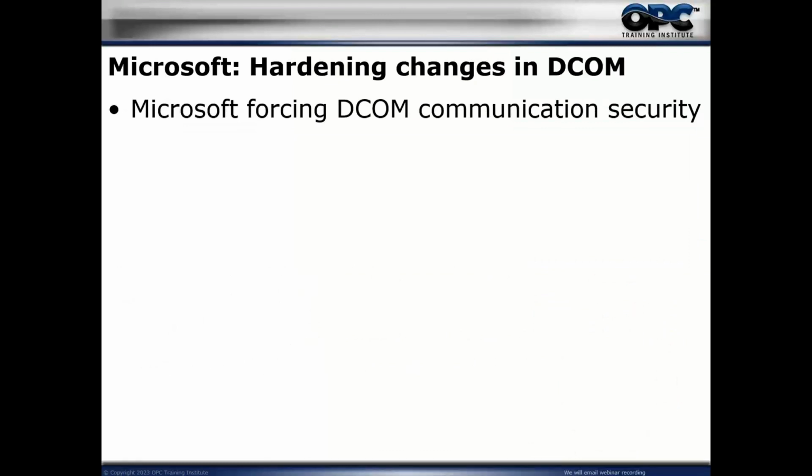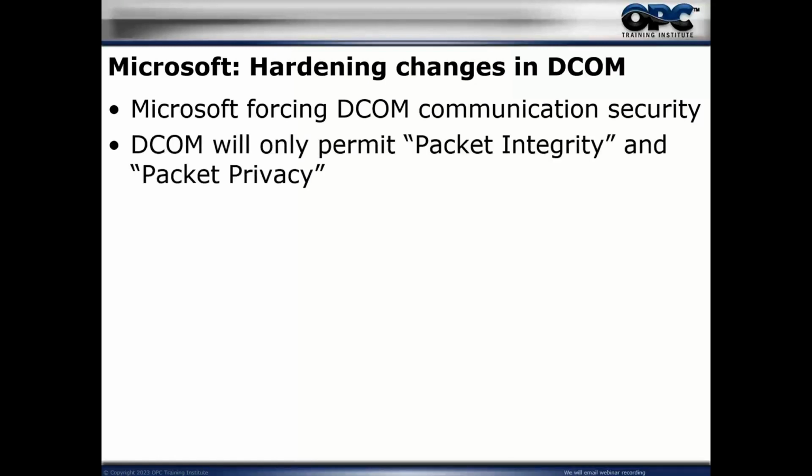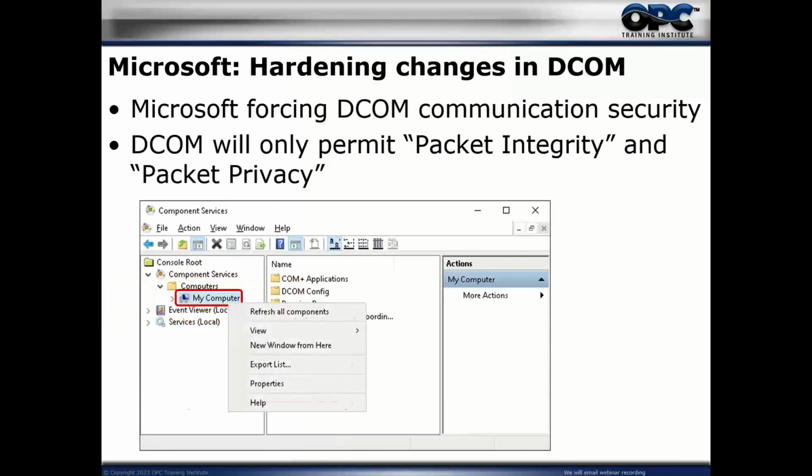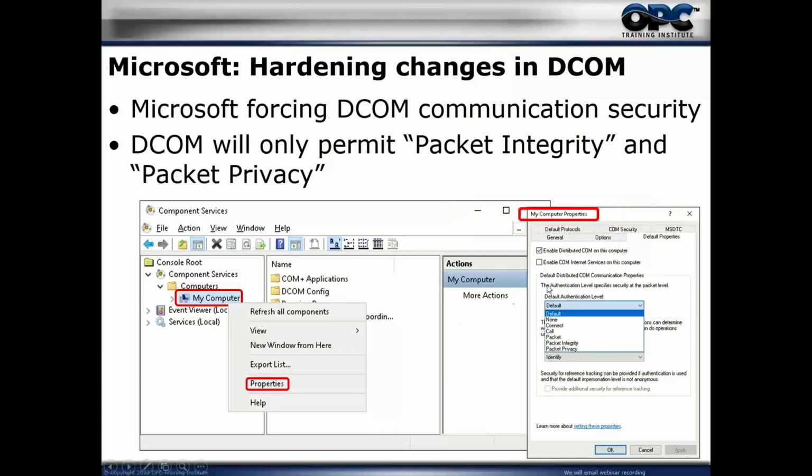Now, what's happening here? Microsoft is actually forcing DCOM communication security. They're forcing communication to be secure. And DCOM will only permit what's known as packet integrity and packet privacy, which are secure communication for DCOM. So if you go into DCOM config, into Component Services, as you see right here, go into My Computer properties, in default properties you'll be able to see these different options under default authentication level.